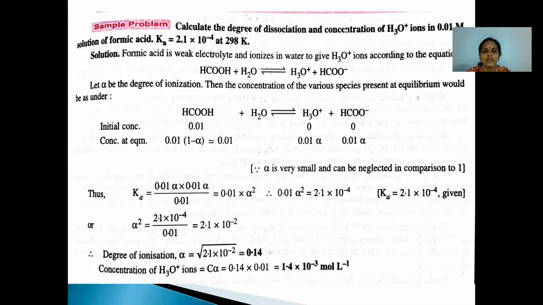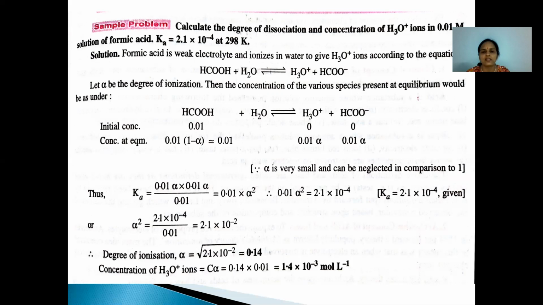So on calculation, we get alpha square equals 2.1 into 10 raised to minus 2. And alpha is the root of this value, which comes out to be 0.14. And thus I can calculate the concentration of H3O plus ions, which is equal to C alpha.